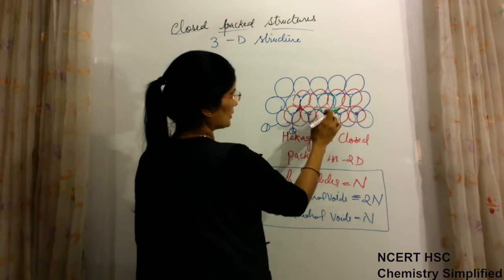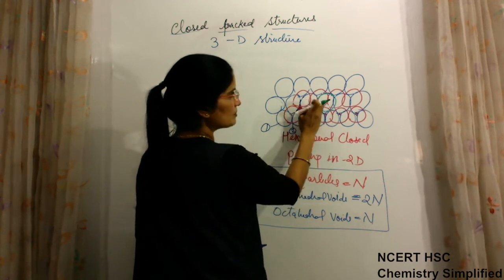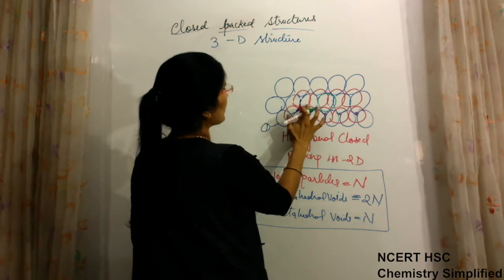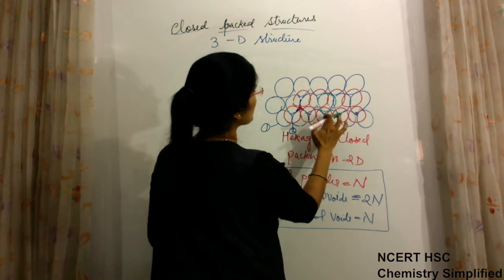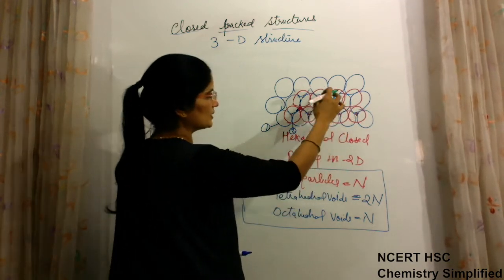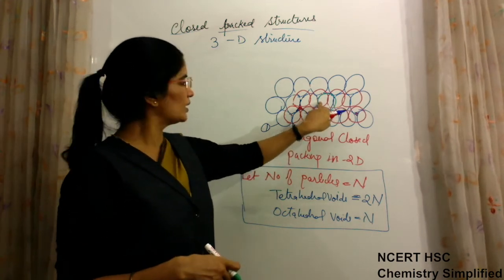Here 1, 2, 3 particles, and at the back side there is a blue particle, not a void. See, 1, 2, 3 particles are red here, but there is a void; but I am talking about 1, 2 and 3 particles with a blue particle at the back side. If I place it like this, what is happening? This green color is coming exactly on the blue color.